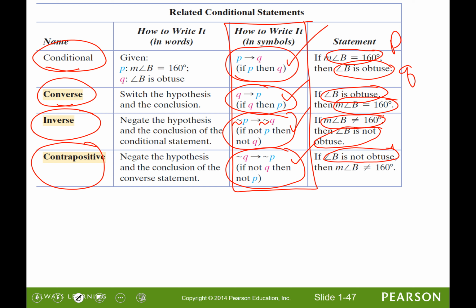So if angle B is not obtuse, then the measure of angle B is not equal to 160 degrees. And each of these statements right here can have their own truth value. So overall, this one could be true or false, this one could be true or false, this one could be true or false, this one could be true or false. True or false for all of them.